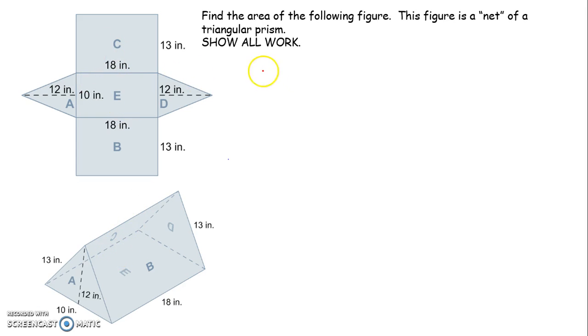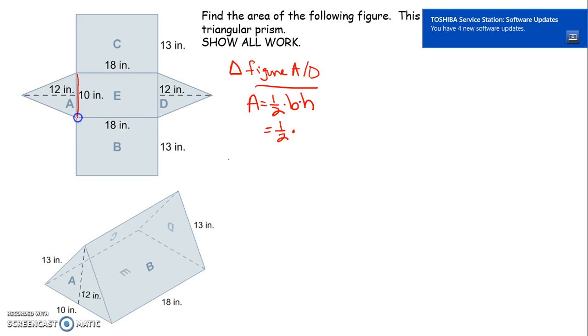But for now, let's just go ahead, and I can even call it figure A and figure D. Those are going to match. If I look at figure A and figure D, those are our triangles. We're going to have 2 of those. And we know the area of our triangles is 1/2 base times height. And so then we would have 1/2, the base of our triangle would be 10.